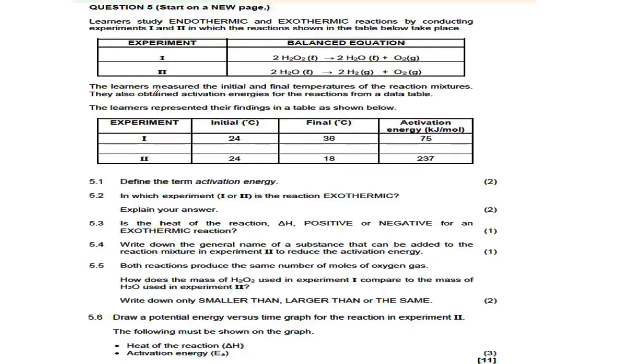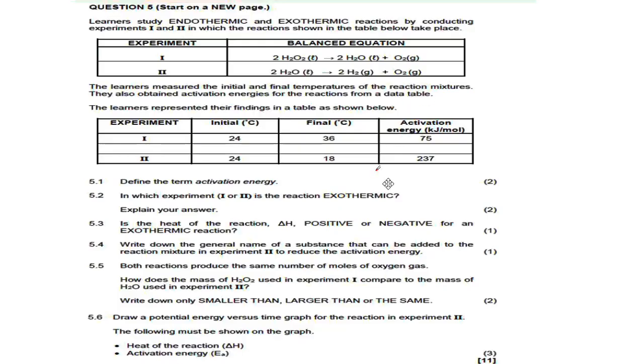Now they say the learners measured the initial and final temperatures of the reaction mixture. They also obtained activation energies for what? So let's see for the reactions below from the data table, right?